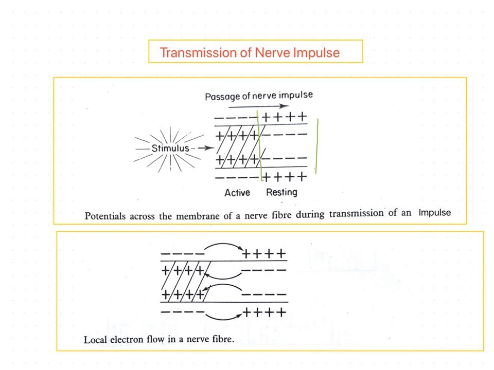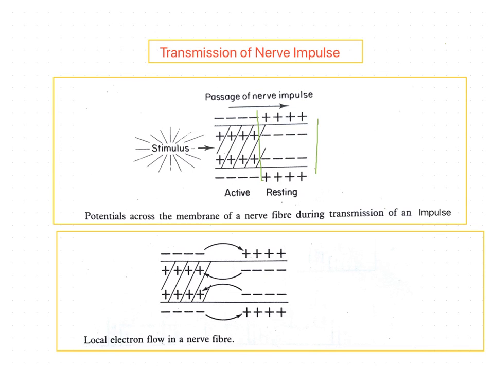Once this potential difference across the membrane falls below a certain level, the membrane becomes permeable to sodium ions. Then a nerve impulse is initiated.